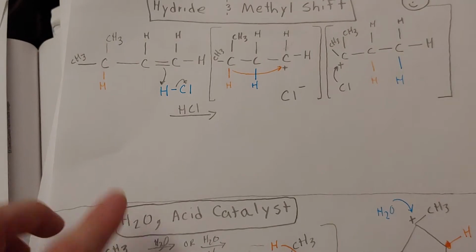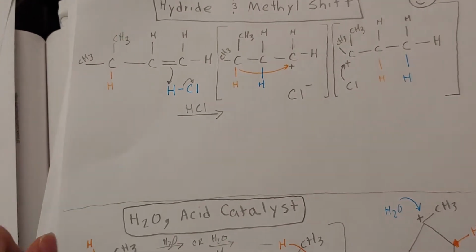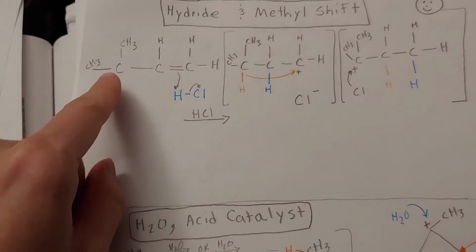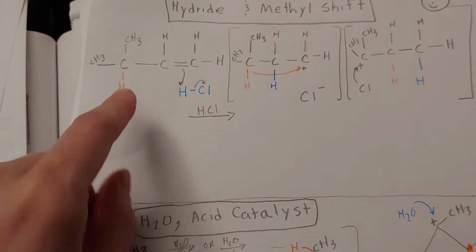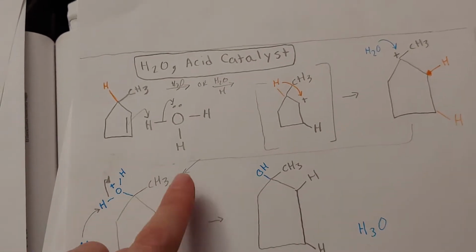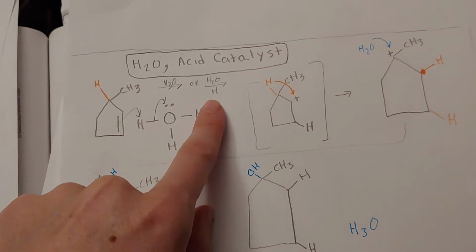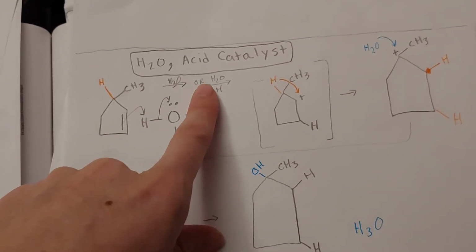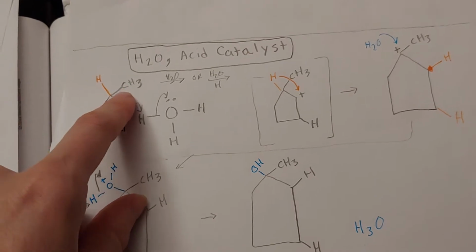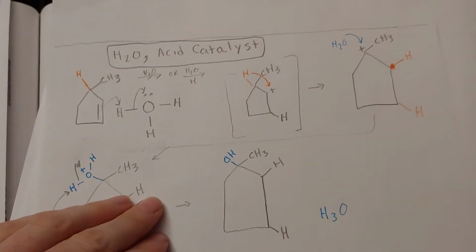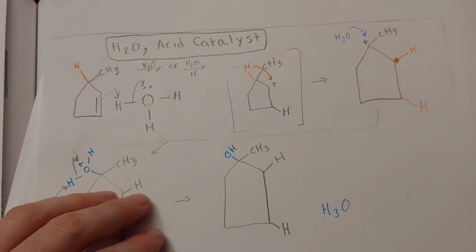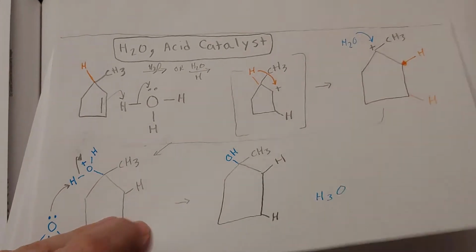So up here, HCl is an acid, and acids will lead to some sort of shift. It'll be a methyl shift. Over here, H2O, well, there's lots of H's, so let's go ahead and move another one over there in our acid shift and our hydride shift with H3O.